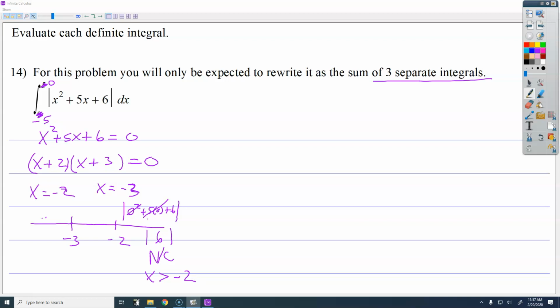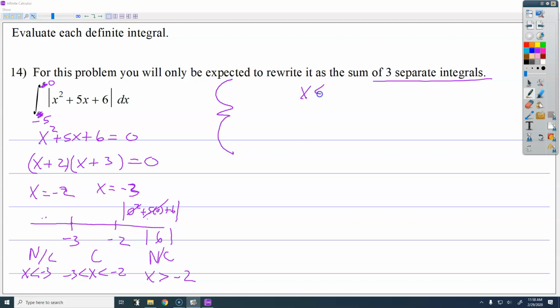And after that, it just kind of flips back and forth. So that means that for anything that is in between -3 and -2, we will be changing. And for anything that is less than -3, we'll have no change. And so writing this as a piecewise function, then we have the following.